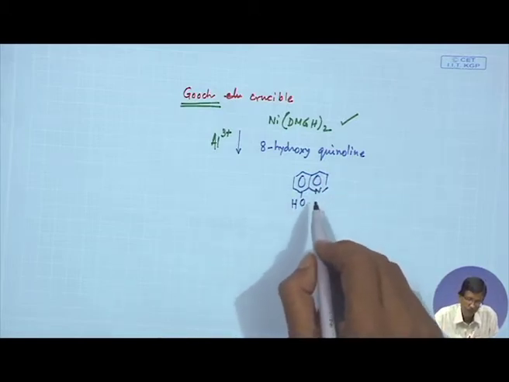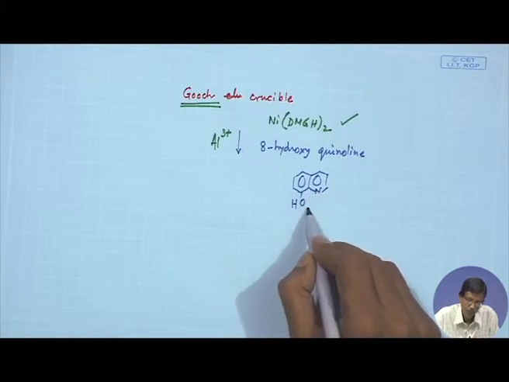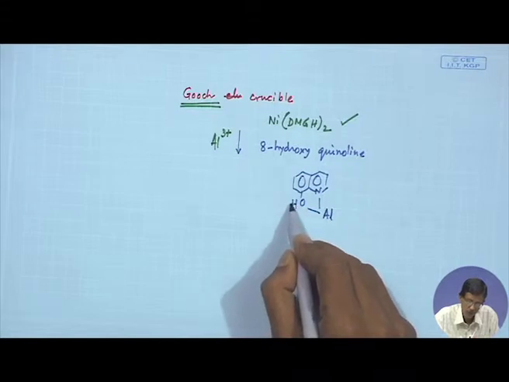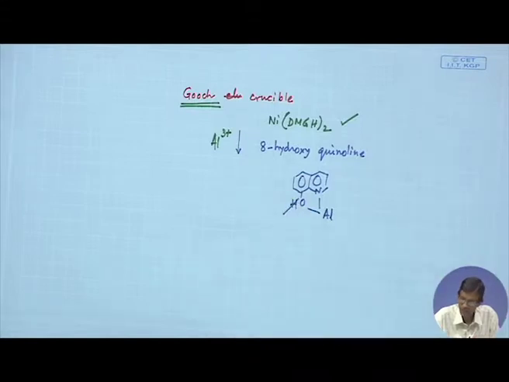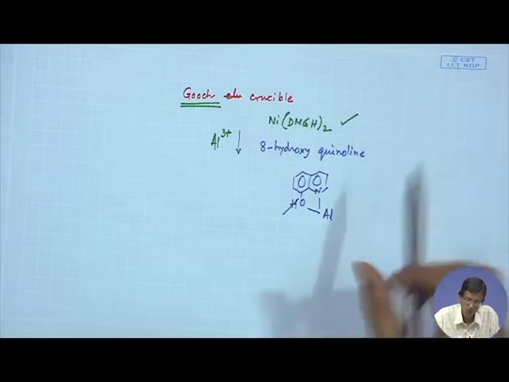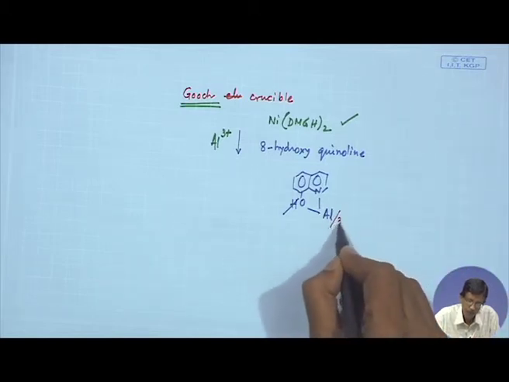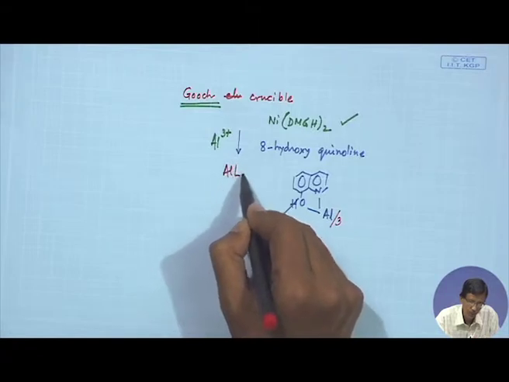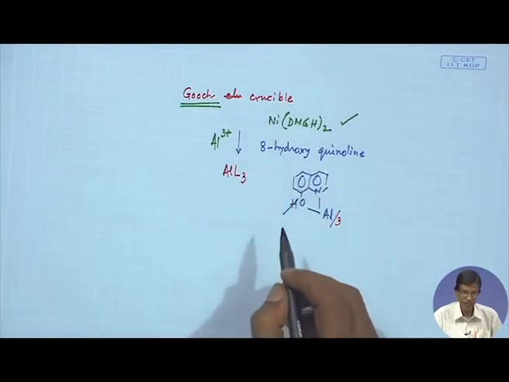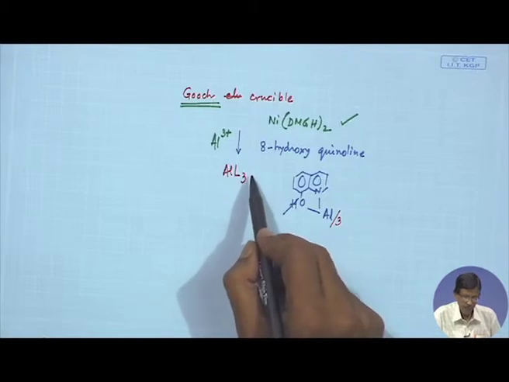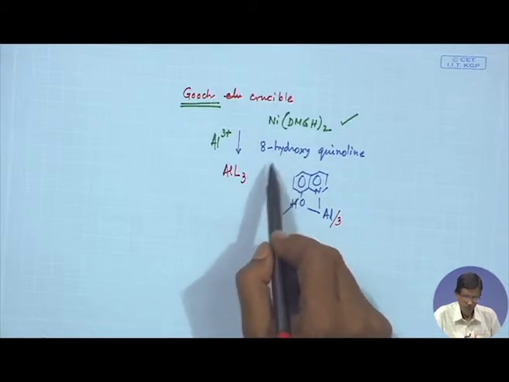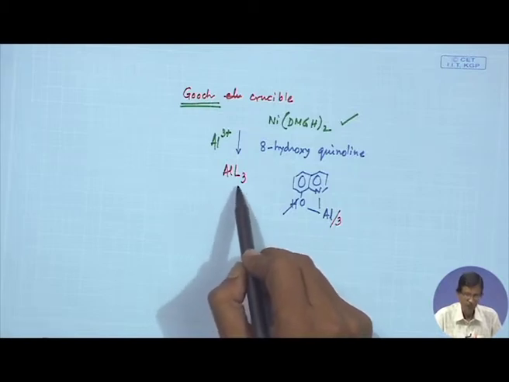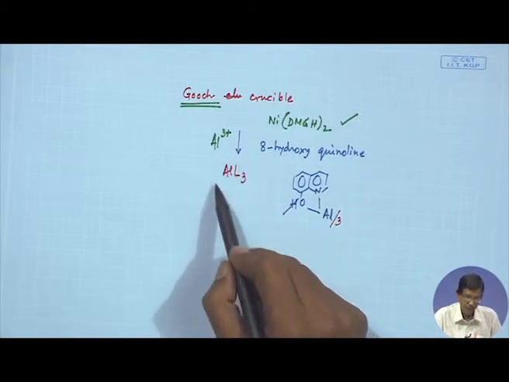This ligand can bind to the aluminum center through deprotonation, so a proton will go out and three of these can form. Like your NiL2, in this case aluminum will form AlL3, and again you can dry it and use the weight of the aluminum oxinate, tris aluminum oxinate.